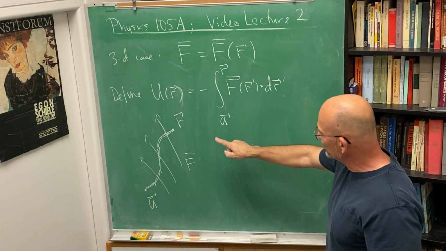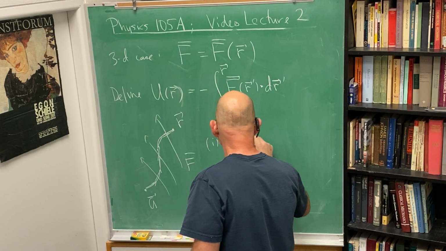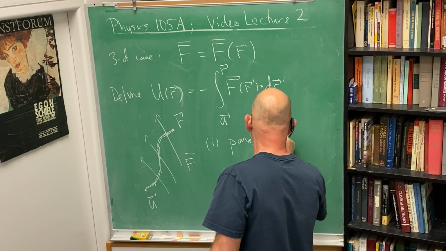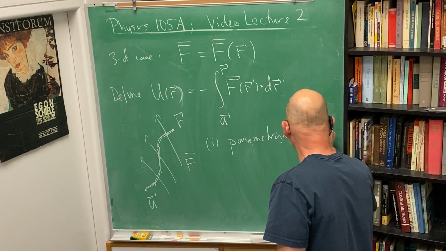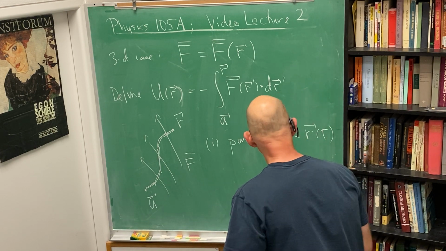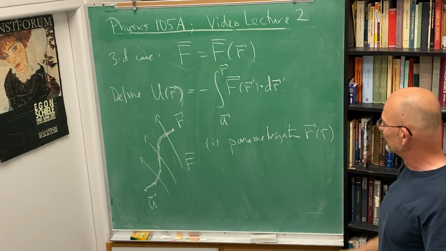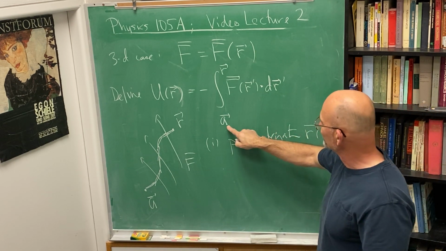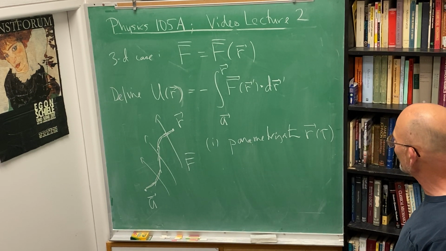So we'd have a bunch of dot products, sum them up, we'd get that integral. So what you need is a parametrization, and I'll call it r of tau, just to point out that this is not a dynamical equation itself. This is just a parameter that takes me from here to here. Parametrization r of tau.